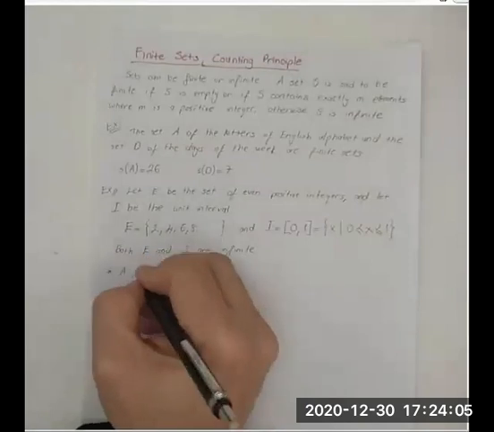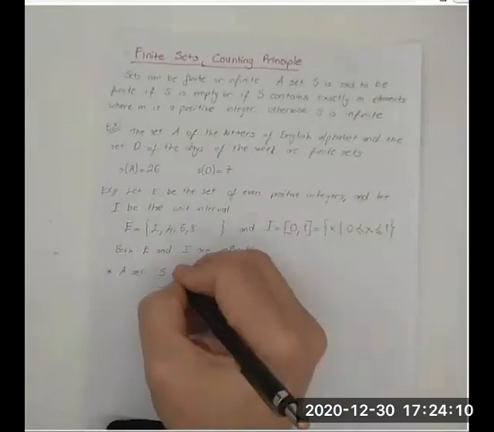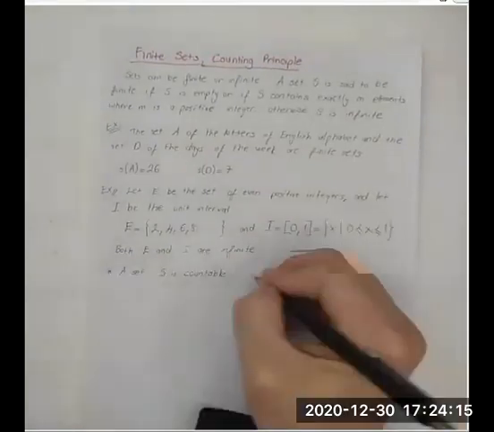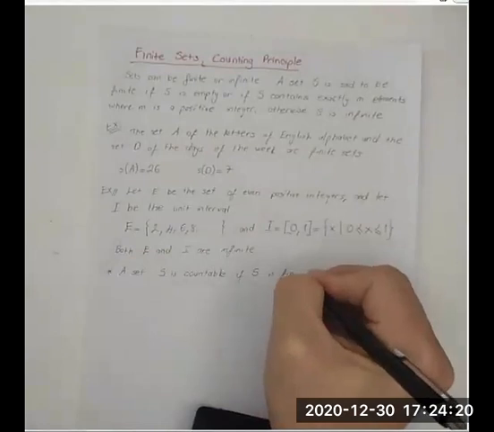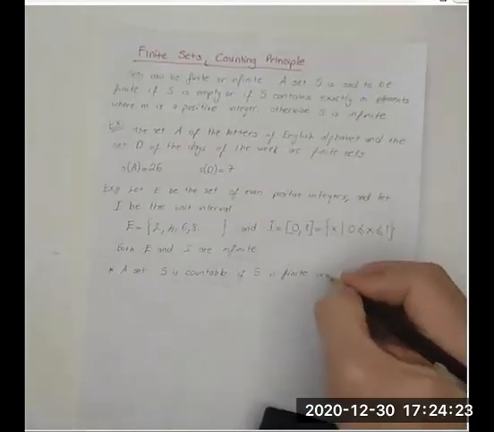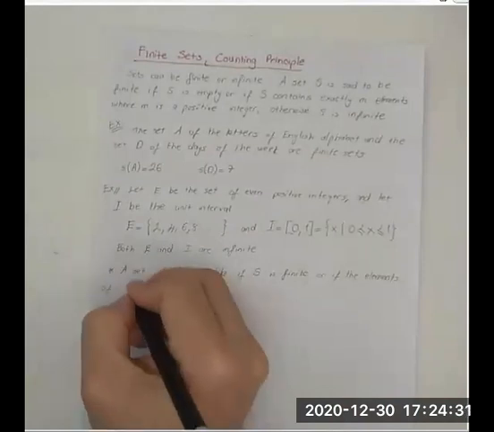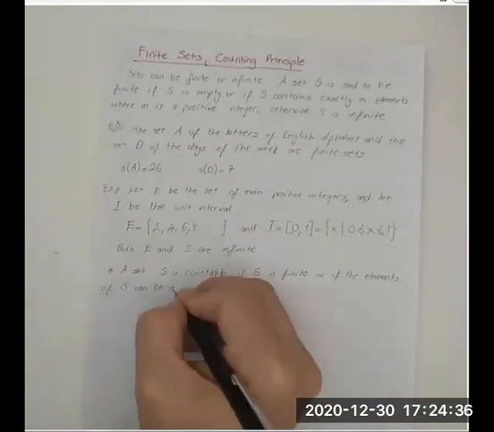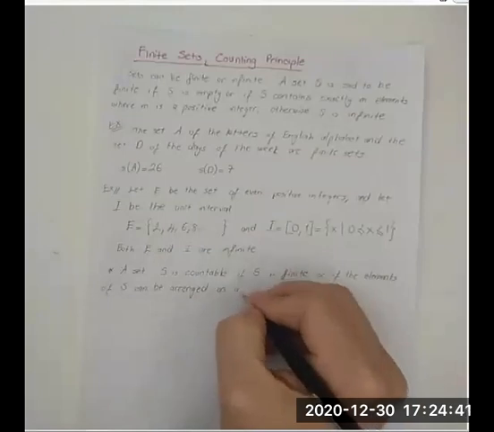Let's define it for a set S. S is countable if S is finite, or if the elements of S can be arranged as a sequence.